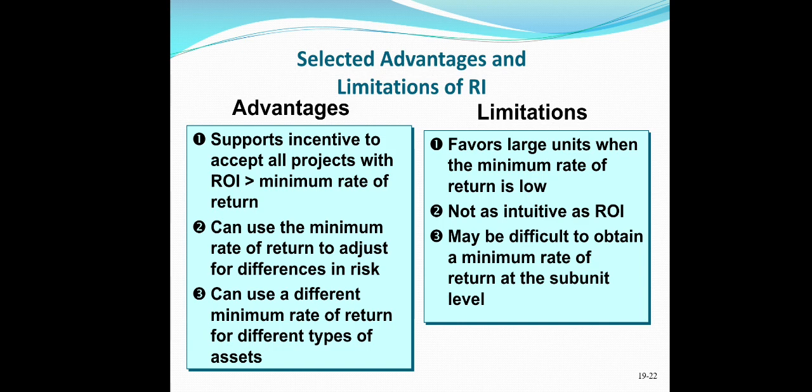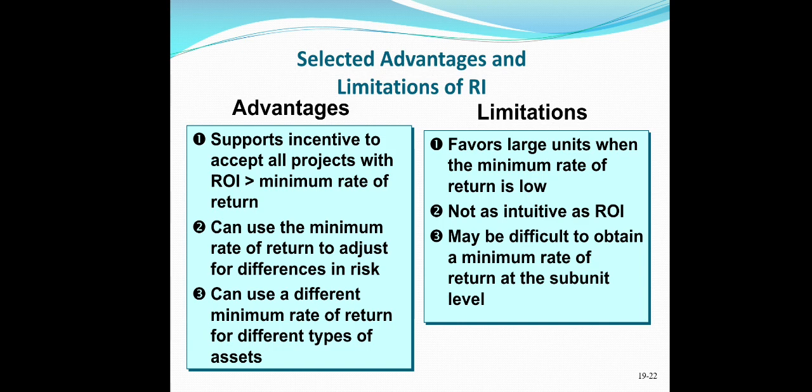Number 3, may be difficult to obtain a minimum rate of return at the subunit level. So you can see that if a business uses RI, they can adjust the minimum rate of return. It is easy to say, but when you have your own business or you are a manager in a big business, it is not easy to obtain a minimum rate of return for different segments of the business or different types of investment.